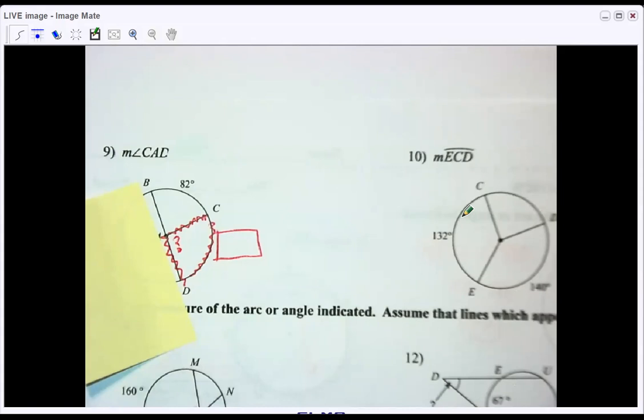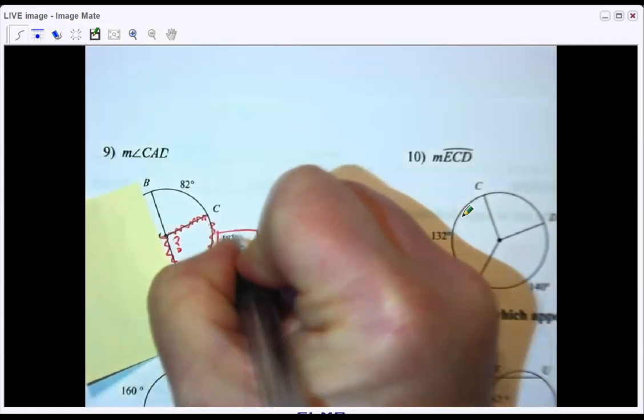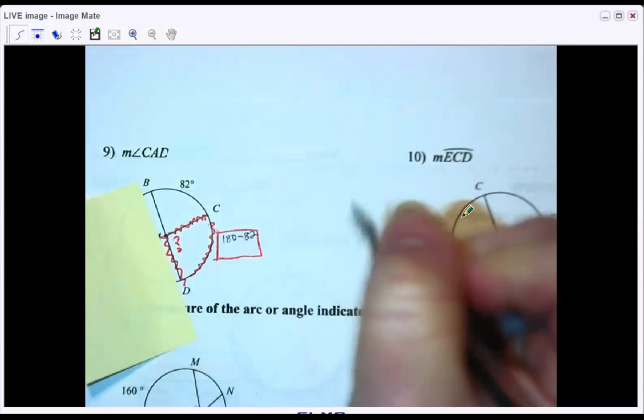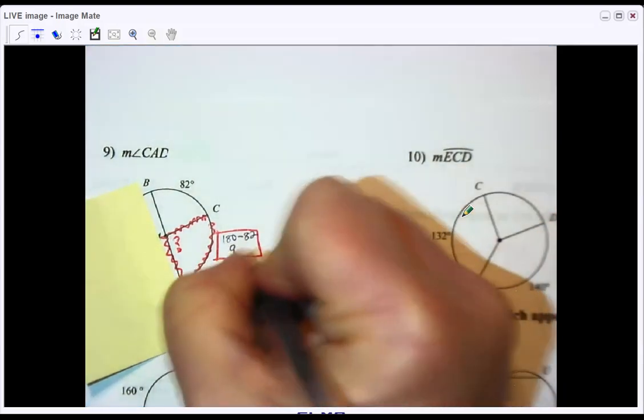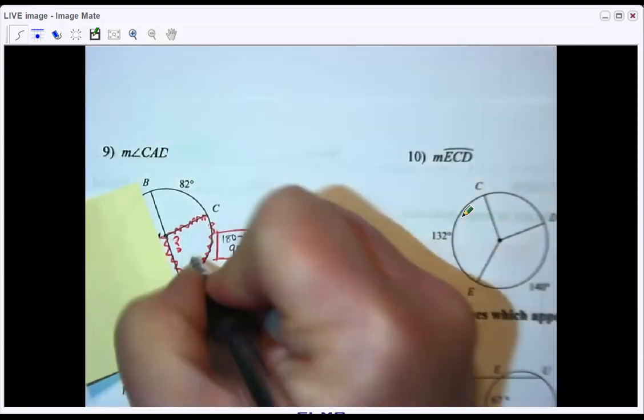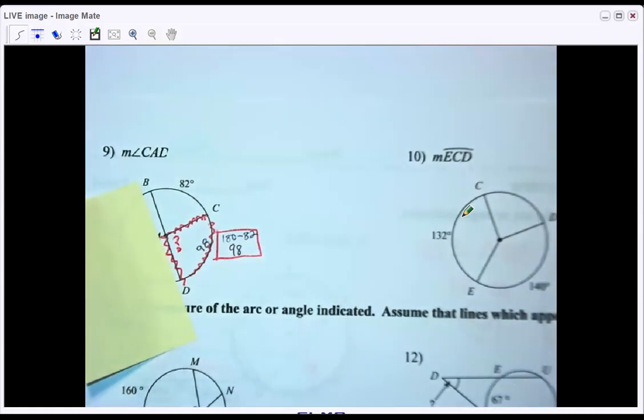Okay, good. Yep. Okay, 98 it is. Because this is 180 minus 82, which would give me 98. So this arc is 98.